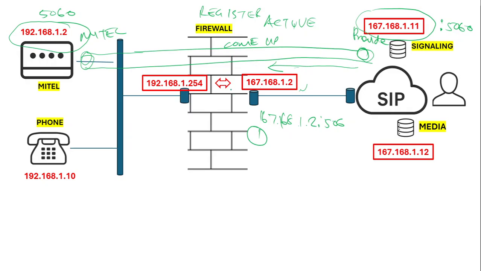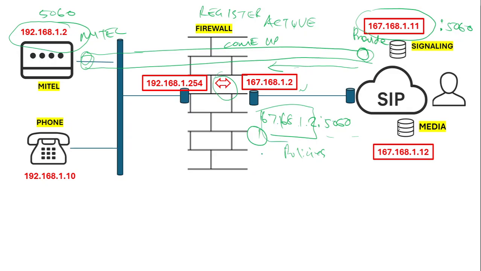And then when it reaches the firewall, it's going to say, do I have a policy that allows port 5060 to be allowed through for the destination of 167.168.1.2? But wait a minute, 167.168.1.2 is me, the firewall.